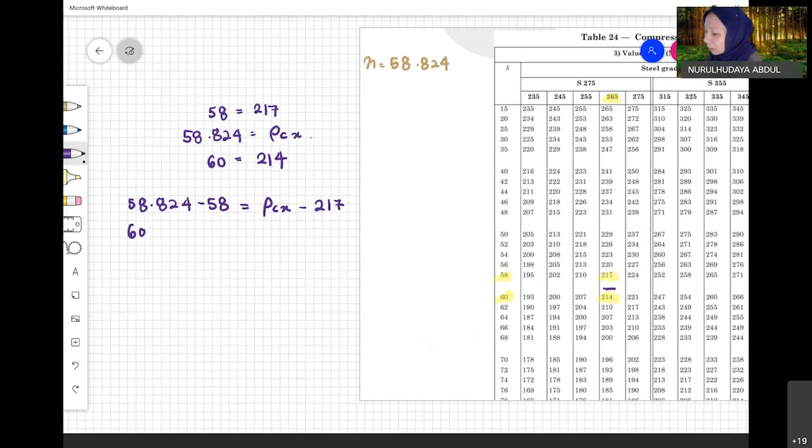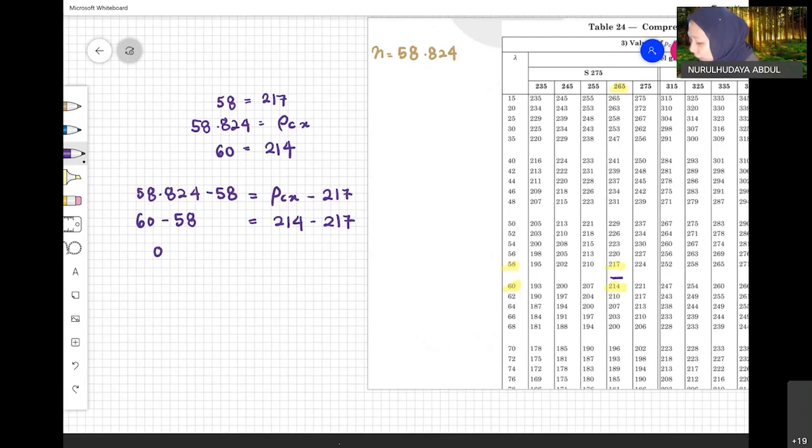Ambil 60 minus 58 equal to 214 minus 217. 0.824 sama dengan PCX minus 217. 2 equal to negative 3. Senang kira. So kita boleh cross multiply this value. Ni kena tekan calculator sikit lah.